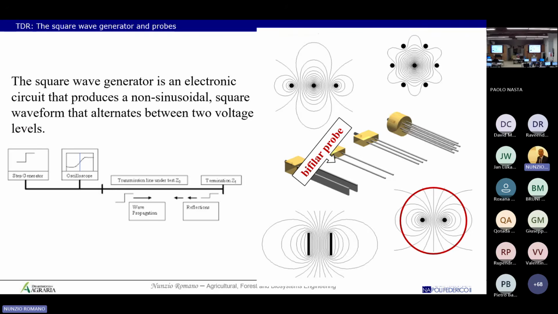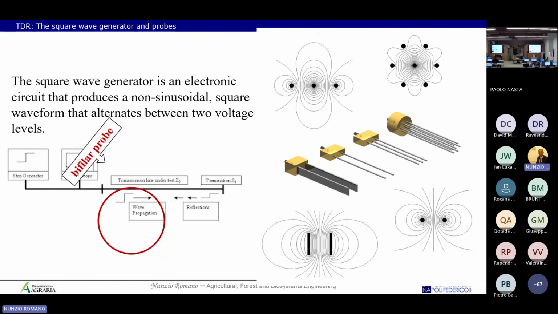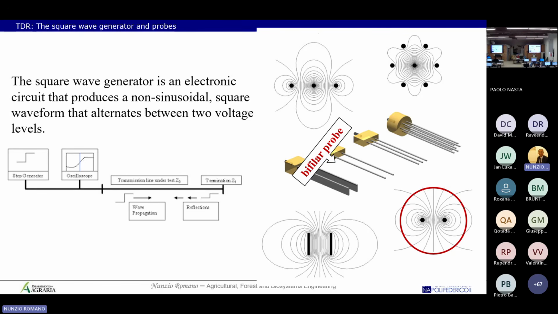With the trifilar probe, you see how the electrical field changes around the rods, and so you can understand how this affects the measurement. Again, this bifilar probe or the trifilar probe. Hope this is also clear.